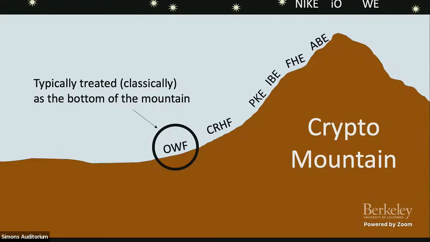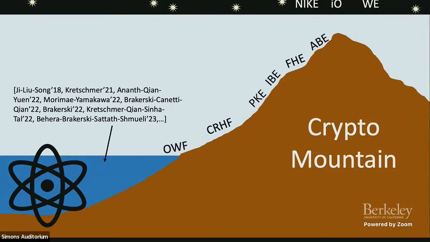So we can view things by looking at Crypto Mountain, where we have all the primitives you might care about. Up in space there, we have obfuscation and other ones in case you missed it. We typically treat one-way functions as being on the bottom of this mountain. However, a pretty cool sequence of works has shown that actually there's something below one-way functions once we enter quantum.